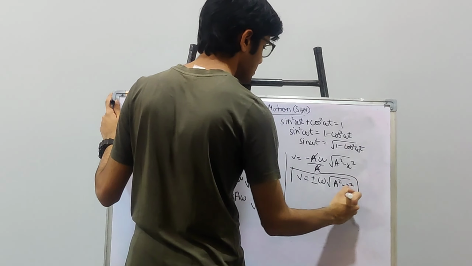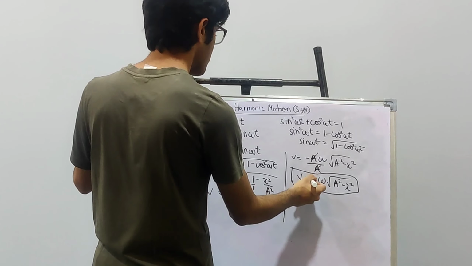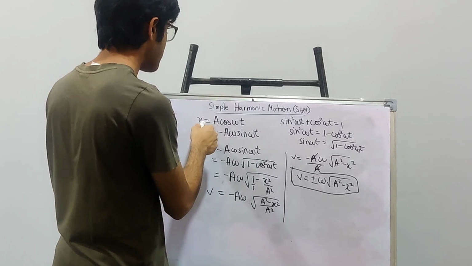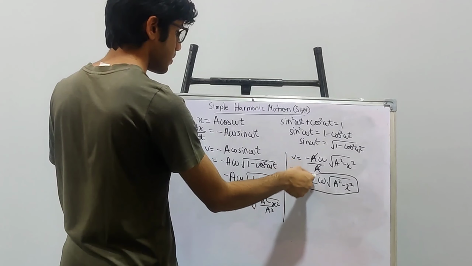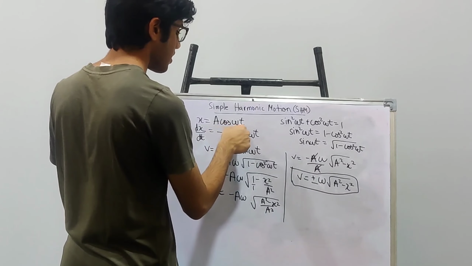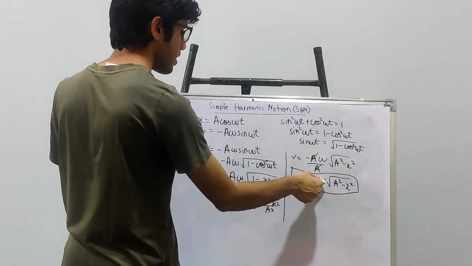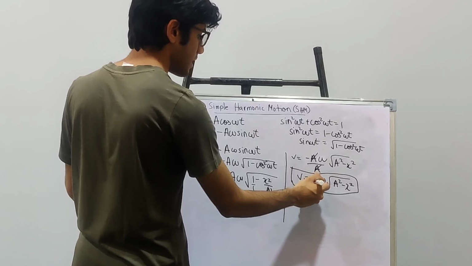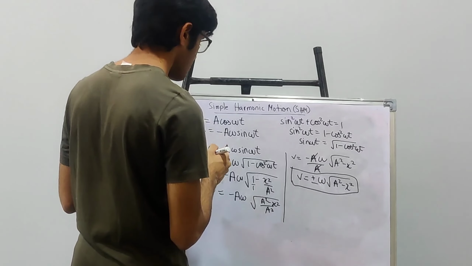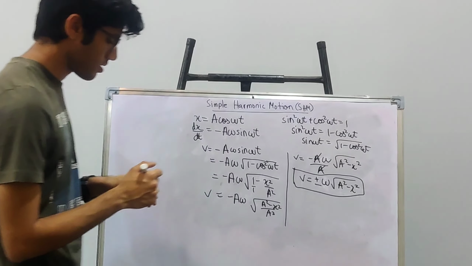This can be both plus and minus. If we change our displacement to A sin omega t, we will get plus, and for A cos omega t we have gotten minus. So it can be both plus minus omega under root A square minus x square. But for calculations, we generally use the plus sign and neglect the minus sign. So this is the expression for the velocity of a particle executing SHM.